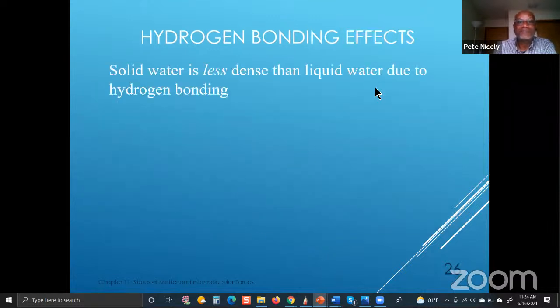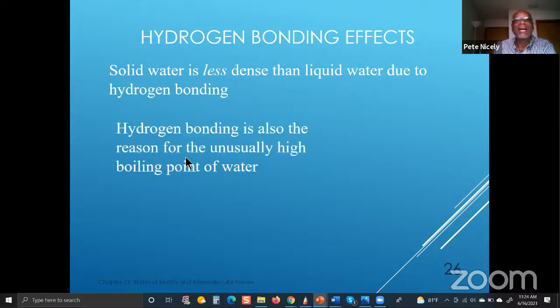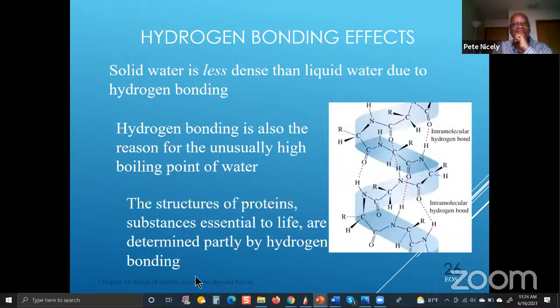Okay, so I just mentioned this actually. Solid water is less dense than liquid water due to hydrogen bonding. And I mentioned this already, hydrogen bonding is also the reason for the unusually high boiling point of water. And I mentioned this as well, proteins, right?